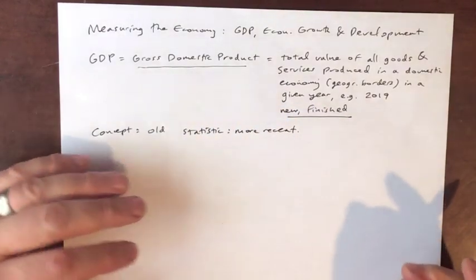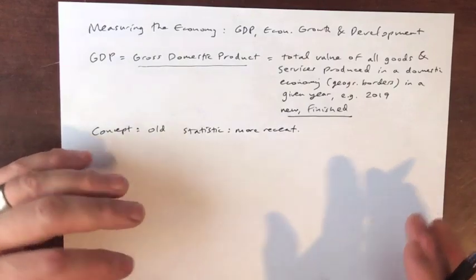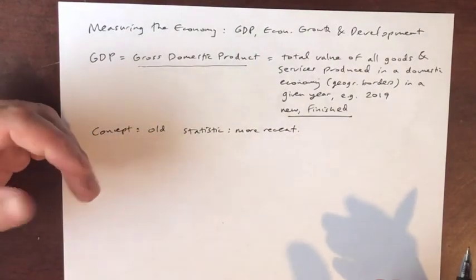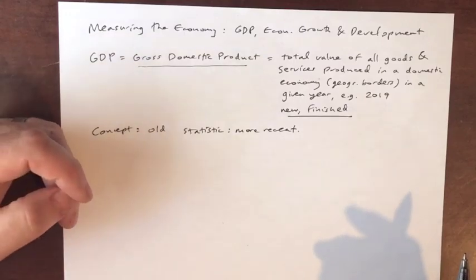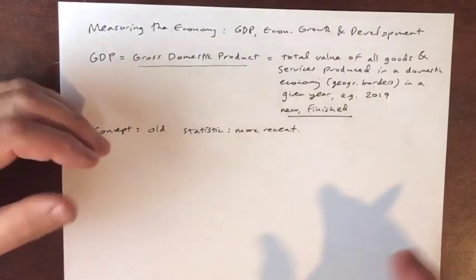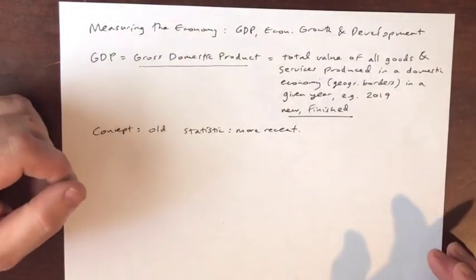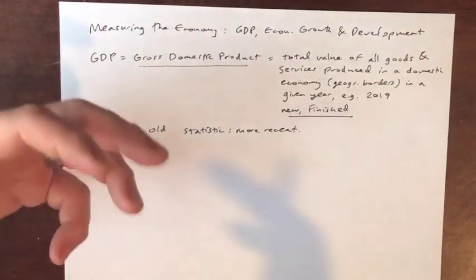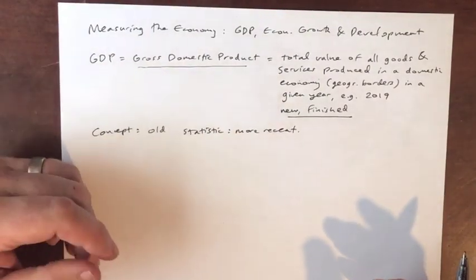In order to come up with a statistic, economists had to agree on how it was actually going to be measured, and then somebody had to actually collect the data, and it's a lot of work. It's quite expensive to calculate, to collect, and to tabulate all of this data.